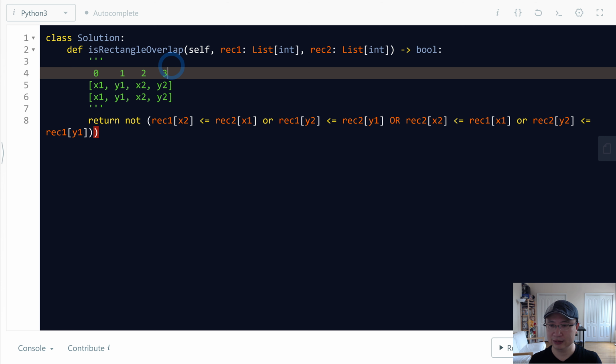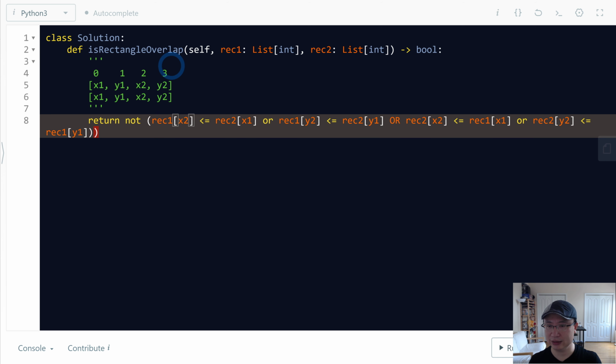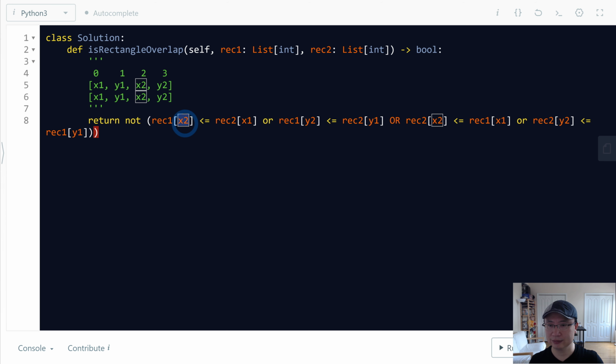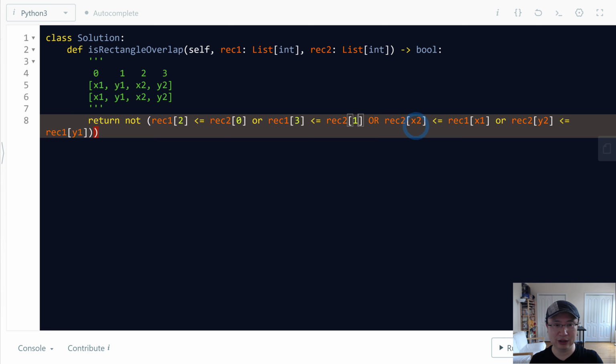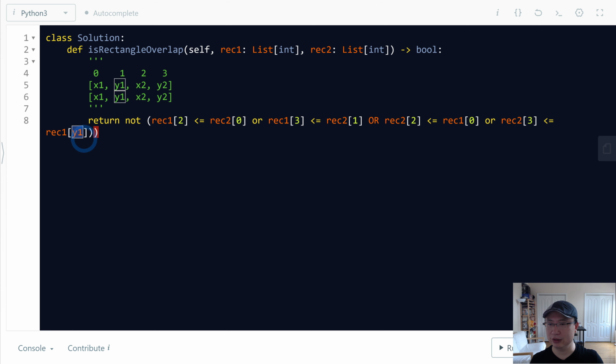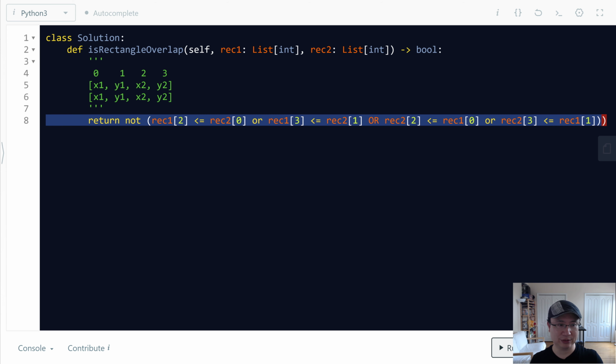So I will change x2 to index 2, x1 to index 0, y2 to index 3, and y1 to index 1. Okay, let's check the code.